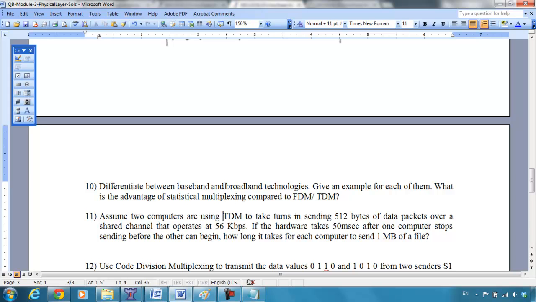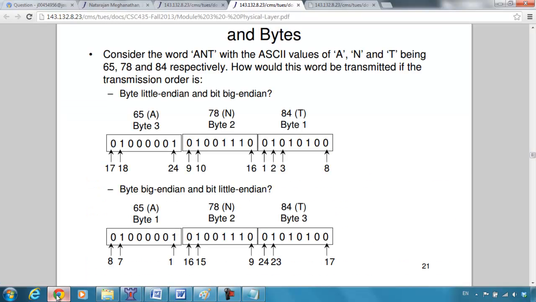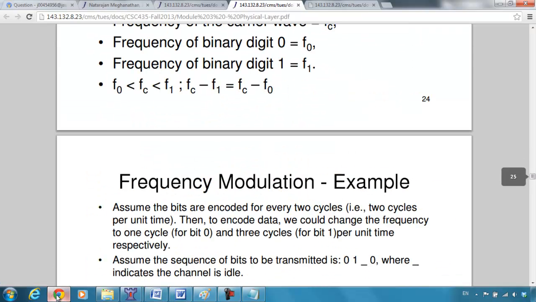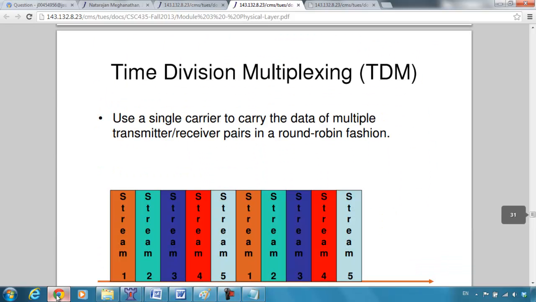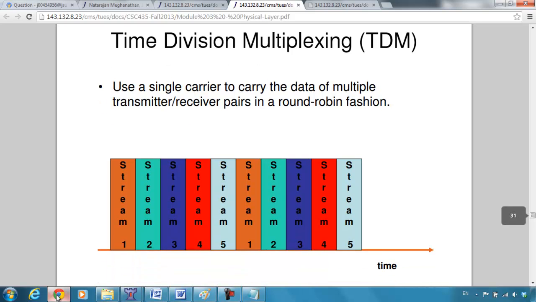All right. So what's the advantage of statistical multiplexing over time division and frequency division? Both are static in nature because in time division multiplexing, once you assign the time slots to the different streams, you cannot really use a time slot of one stream for another stream that needs it.